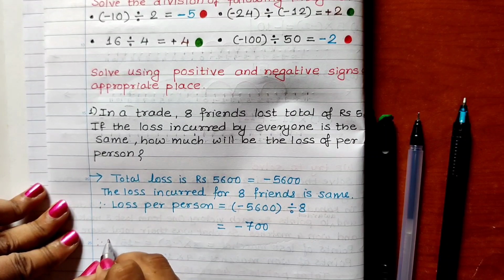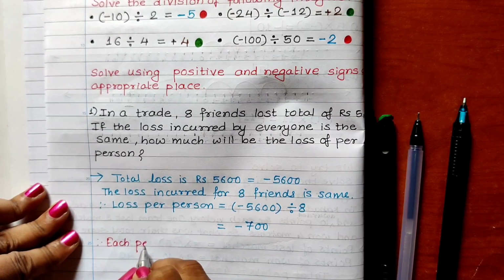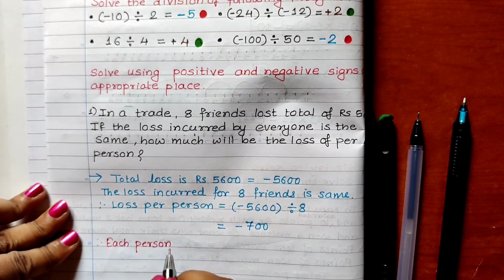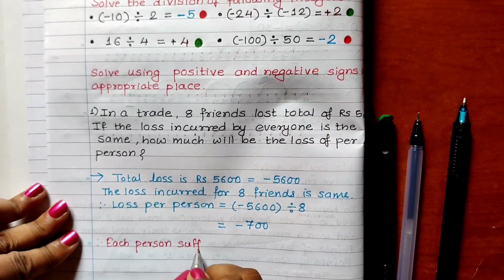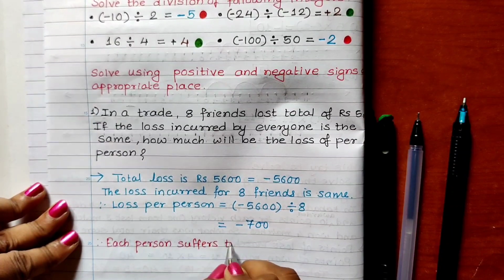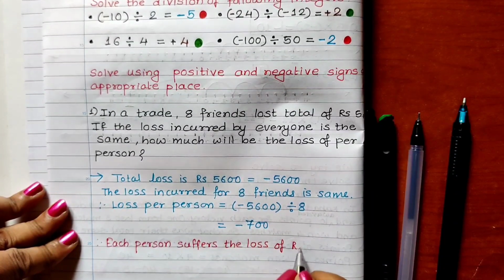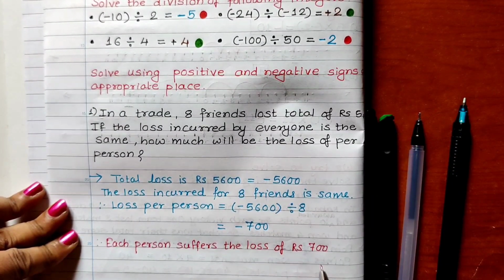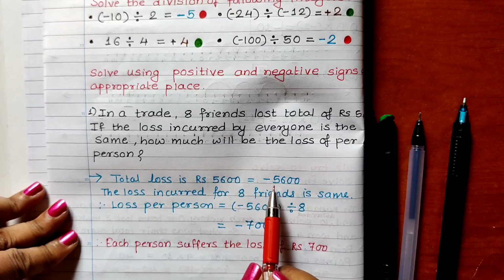So therefore, each person suffers the loss of rupees 700.